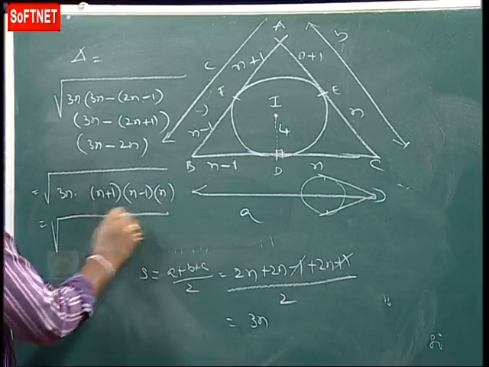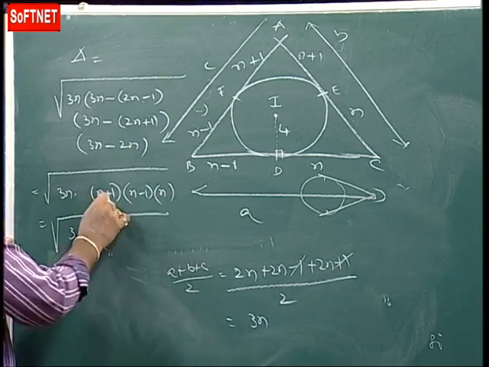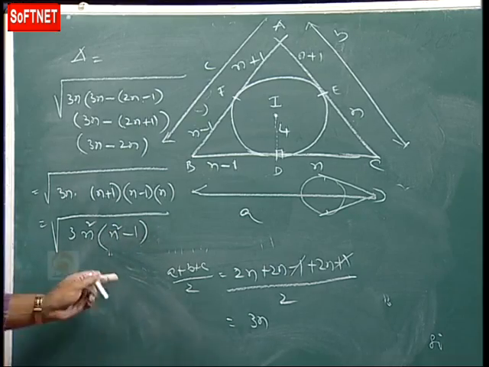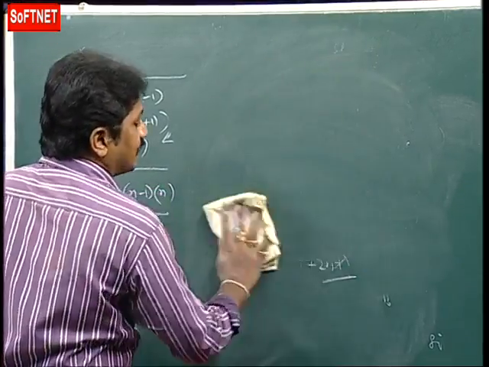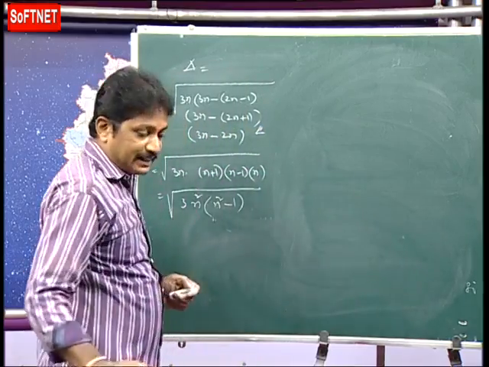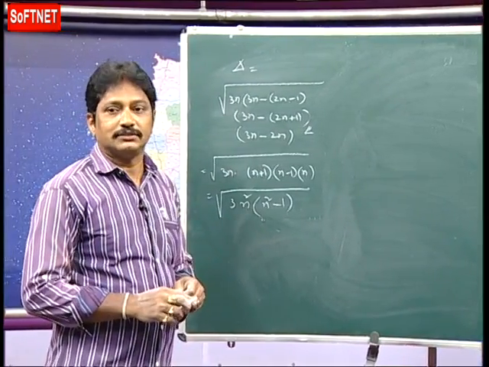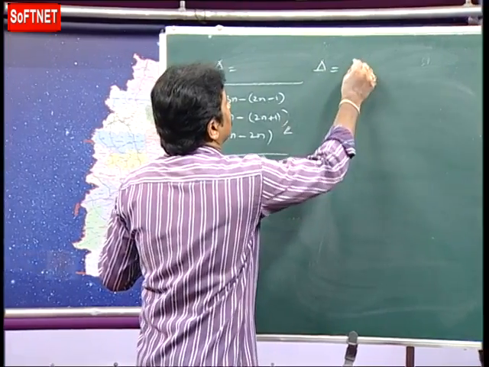You can say it as 3n into n squared, and n plus 1 times n minus 1 is n squared minus 1. This is delta. Okay. Now we know the value of delta. How much is the value? 3n times n squared minus 1. So here delta is equal to r times s.